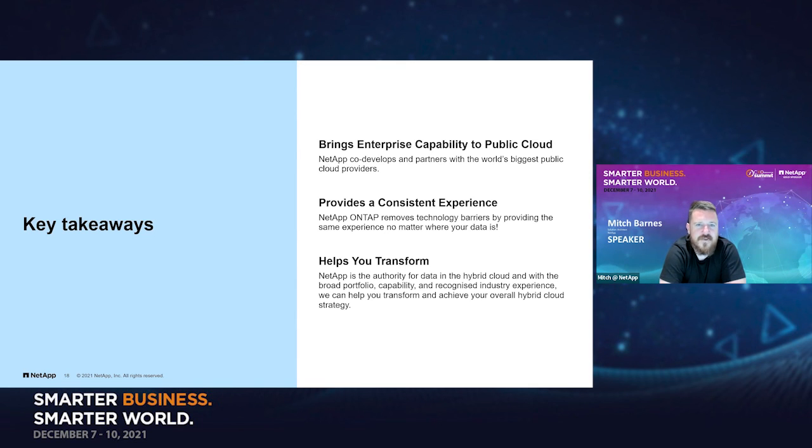The next is around providing a consistent experience. So in a hybrid cloud strategy or a digital transformation, I think the biggest thing that I see as a technologist is a major skills shortage. This isn't just an APJ or an APAC wide problem. This is a global problem.